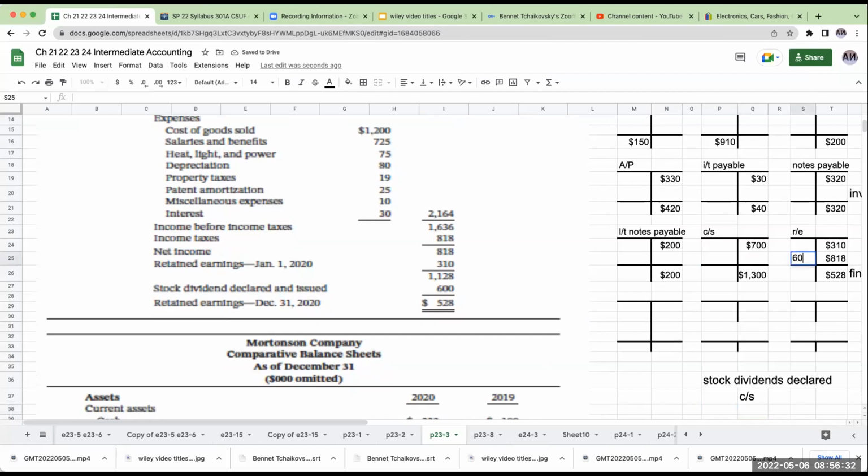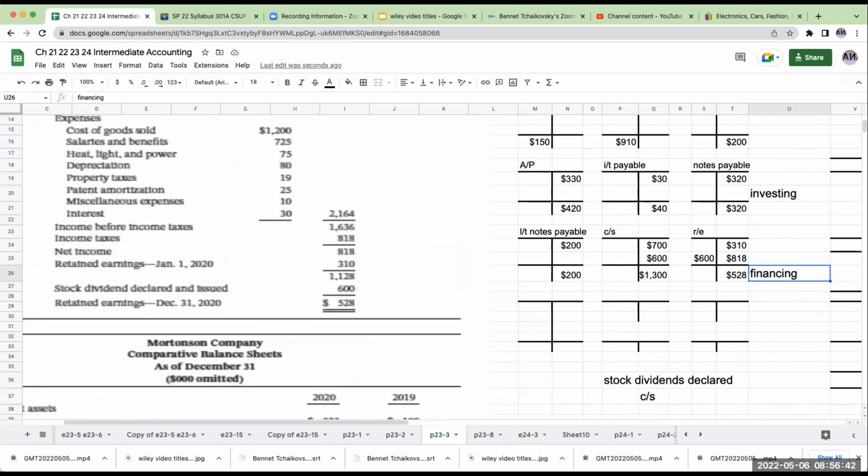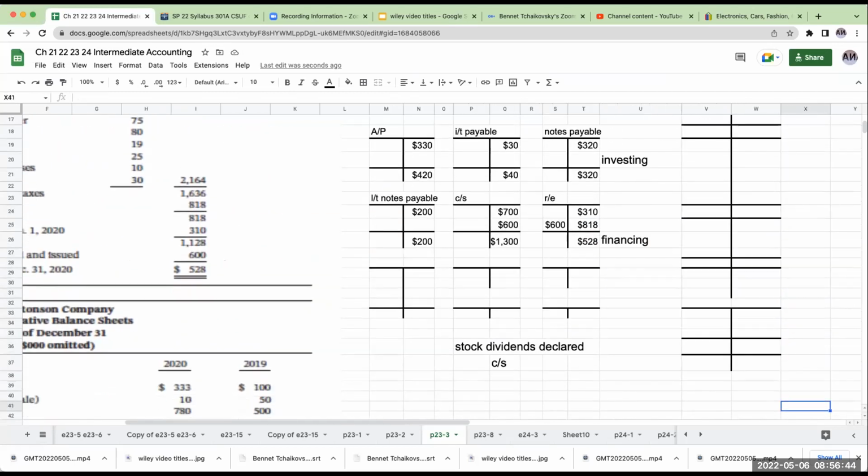Now, if this amount over here is 600, I'm basically debiting a dividend and crediting common stock. This is actually a non-cash transaction. So we can say we issued and declared a 600,000 stock dividend. So this is a non-cash transaction.